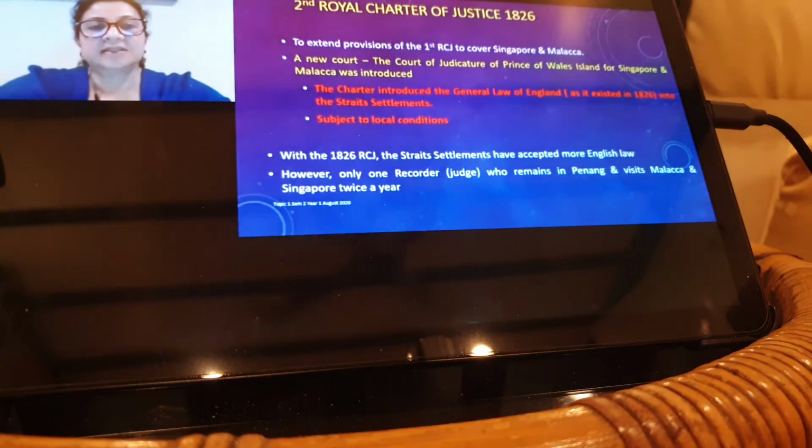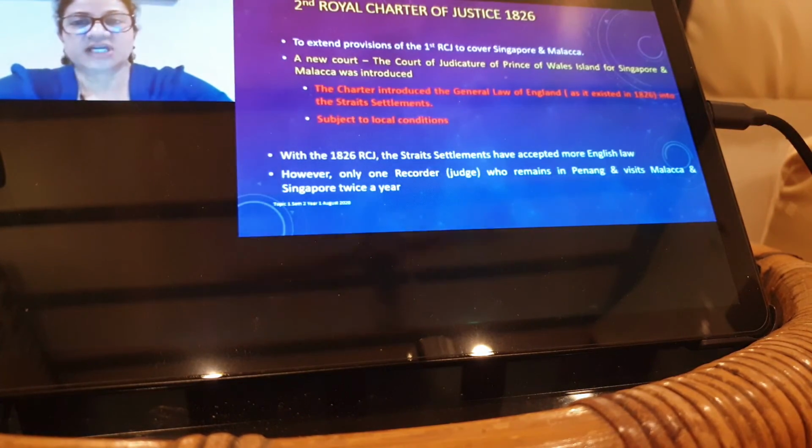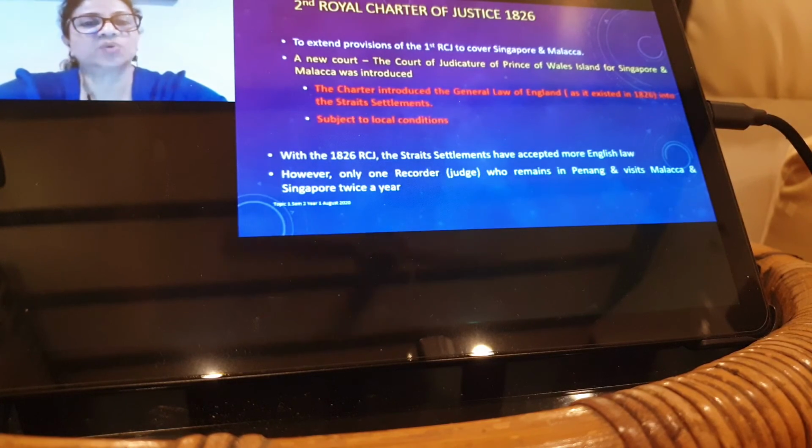Now, the second Royal Charter of Justice was signed in 1826. So what happened under the second charter? A new court, the Court of Judicature of Prince of Wales Island for Singapore and Malacca, was introduced. The first charter, if you see, was only in Penang. The second charter extended it.